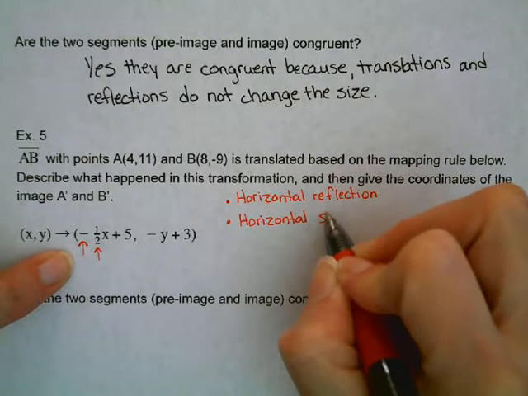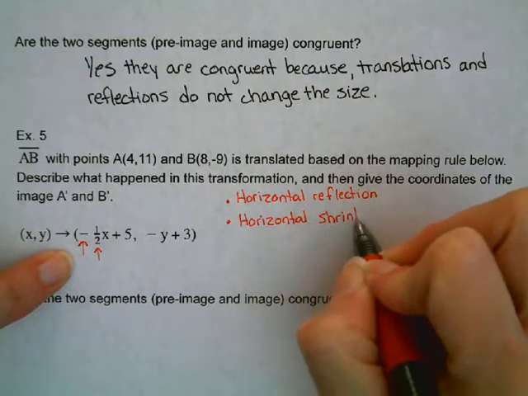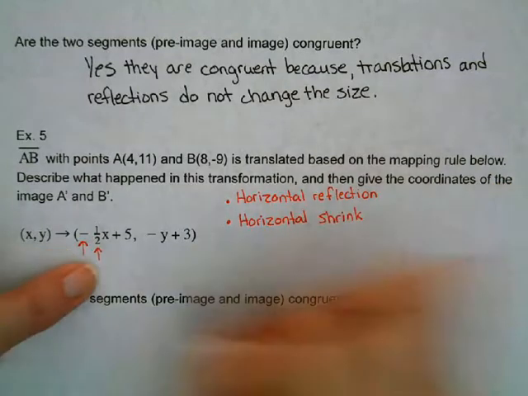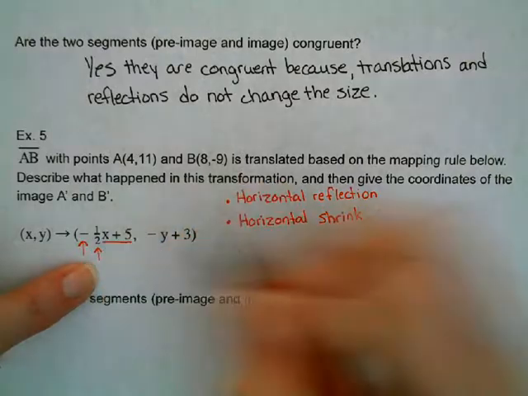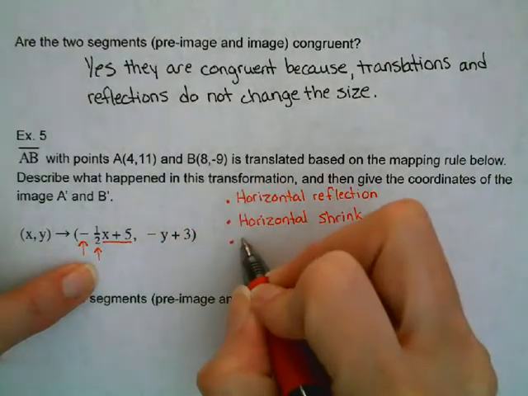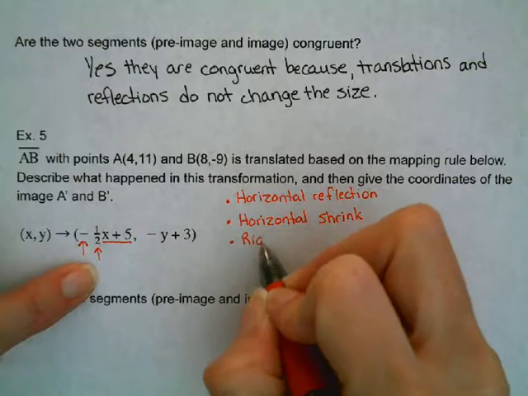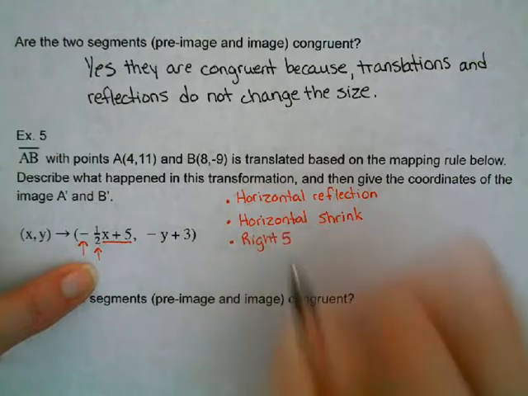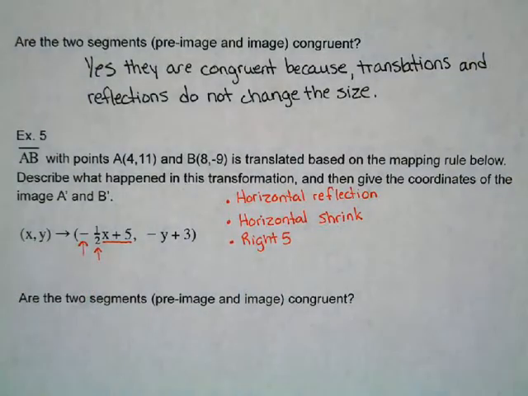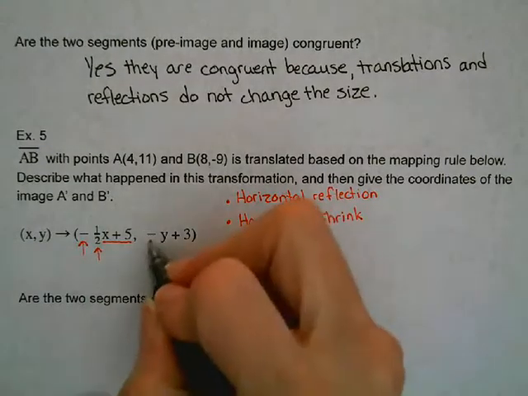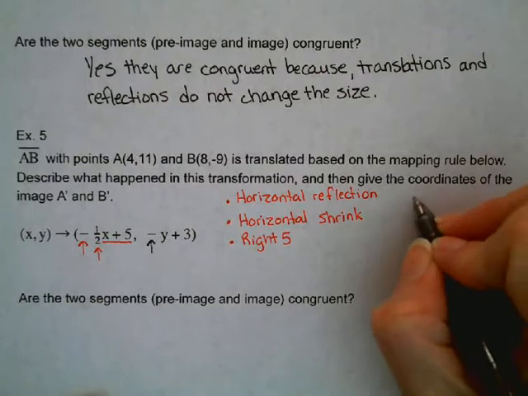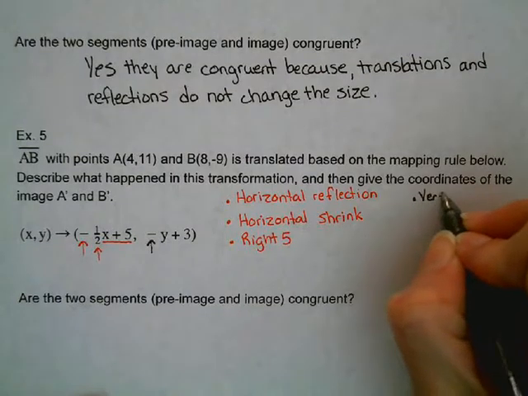Next thing I see is a number 1/2. So I'm going to say this is a horizontal shrink. It's getting smaller. It's half the size. Then I have the part x plus 5. So I'm going to say that means it moves right 5. That's everything with the x's.